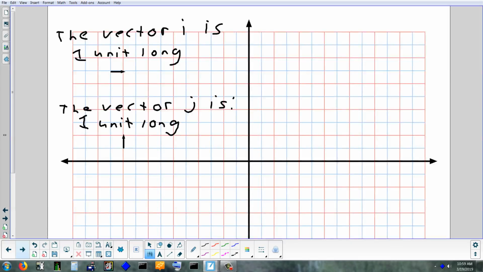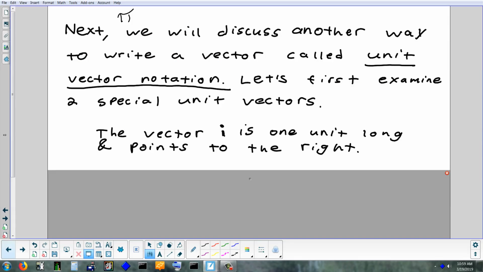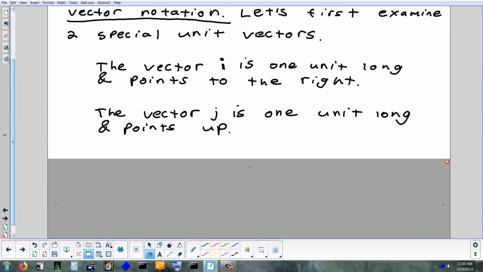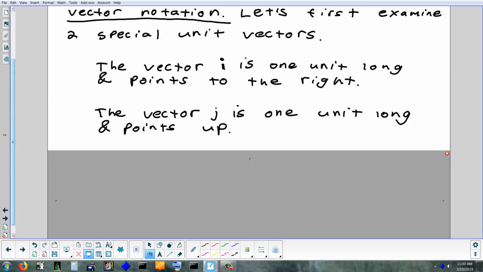Okay. And if you want to see a picture of it, that's what i looks like. That's it. It's one unit long and it points to the right. Okay. The next special vector is j. The vector j, also a unit vector, but it points one unit up.